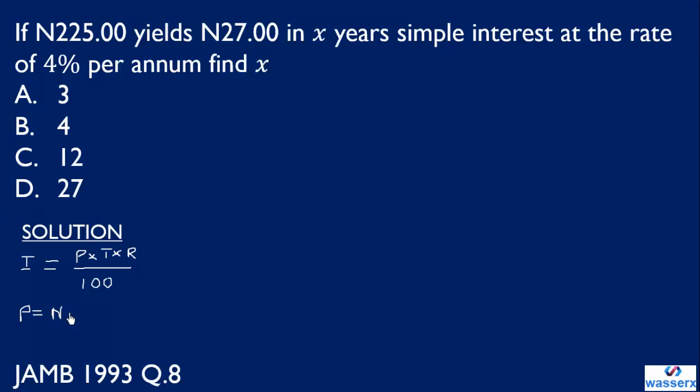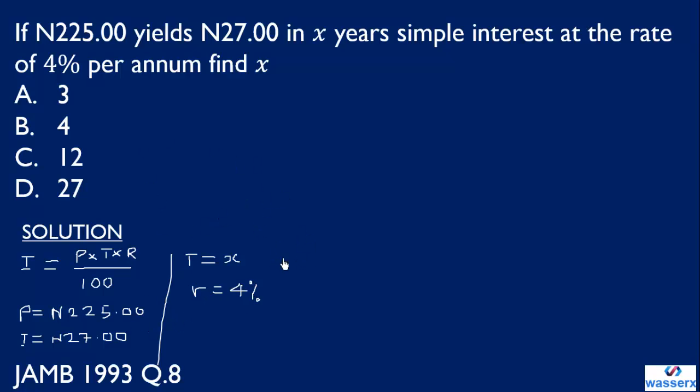So we know the principal is the 225 naira, and the interest is the 27 naira. Then we're also given the time to be X years, then the rate is 4%.